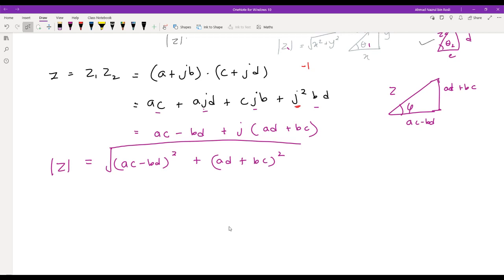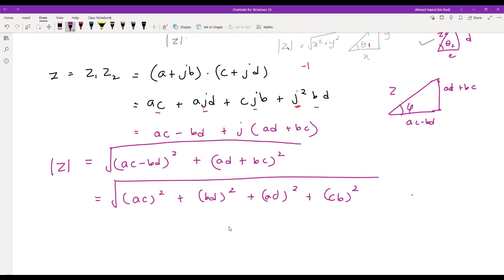We try to find the value of Z, we try to find the length of the Z. So AC square plus BD square plus, just multiply as usual. So finally you can get AC square plus BD square plus AD square plus CB square. This is for Z, which is Z1 times Z2.